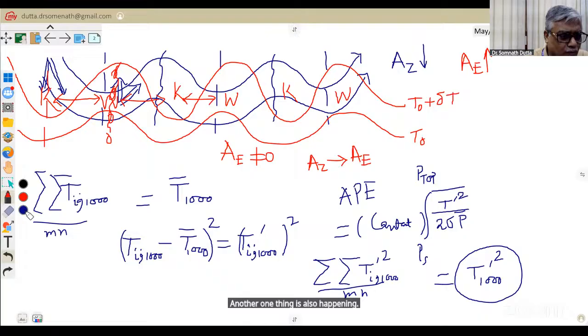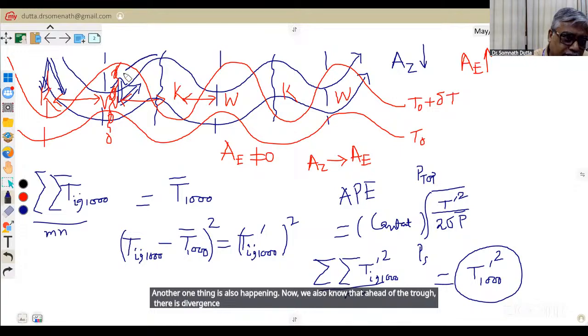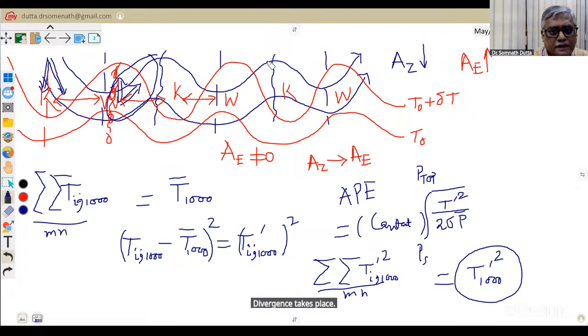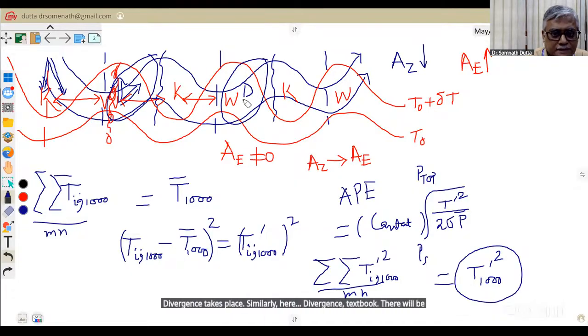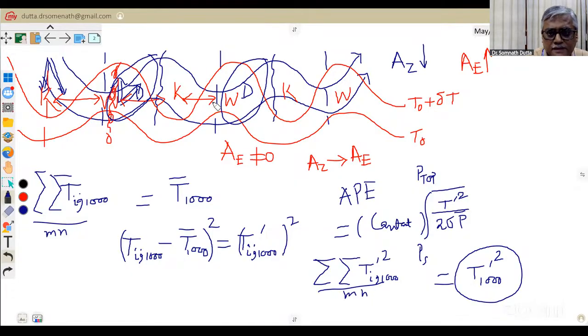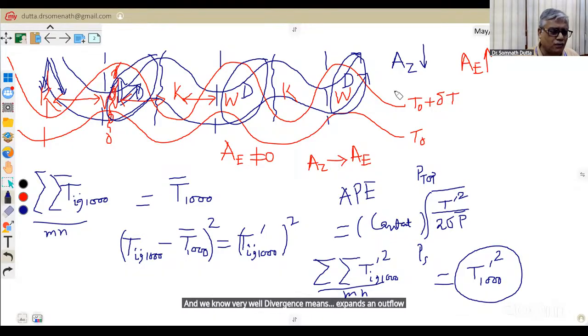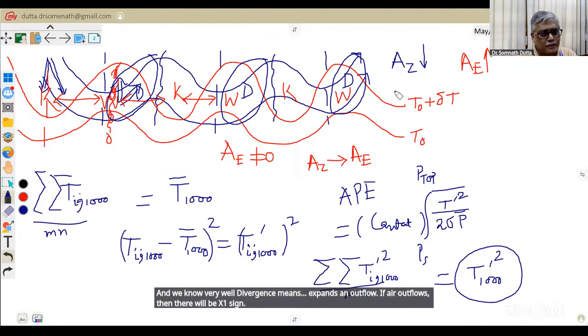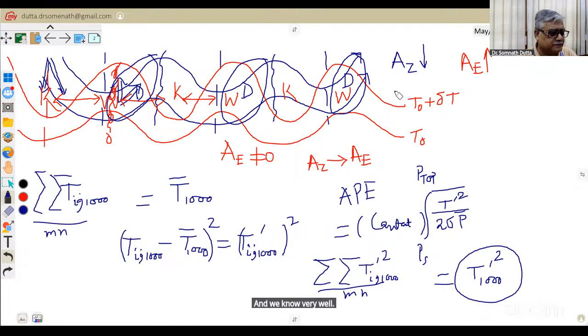Now we also know that ahead of the trough there is divergence. That means here divergence takes place. Similarly, here divergence takes place. And we know very well that divergence means expansion, outflow. If air outflows, then there will be expansion, and expansion leads to cooling.